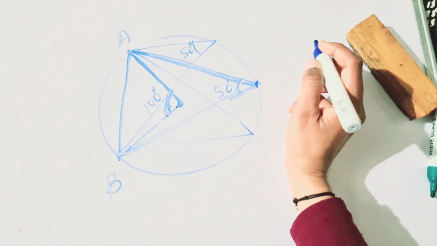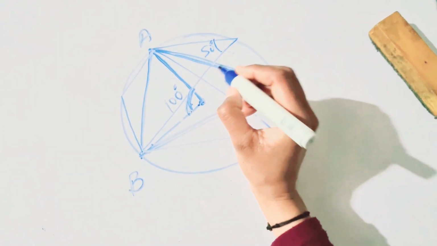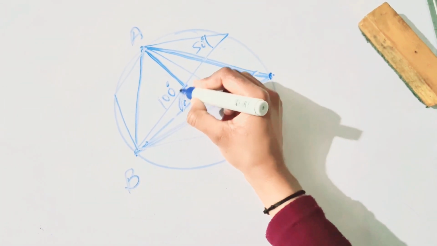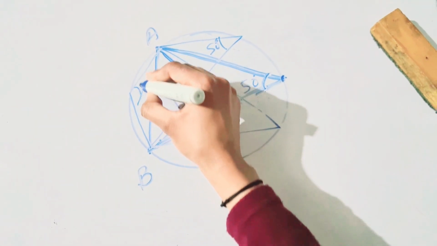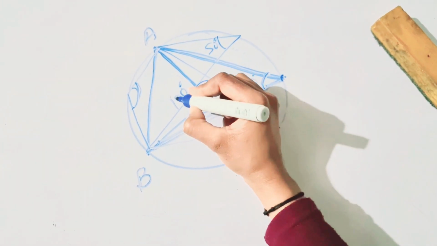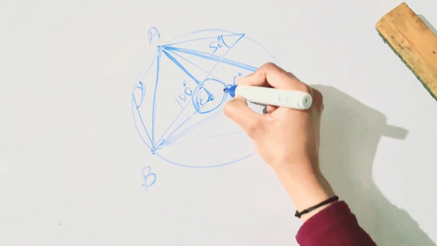Is that clear? If we want to find this sided angle, how to do it? As I told you, corresponding angles we have to take. This is corresponding to this one. If we are taking this angle, that time we will take this angle at the center. Now this is 100, then this is 260, as we know the total is 360.